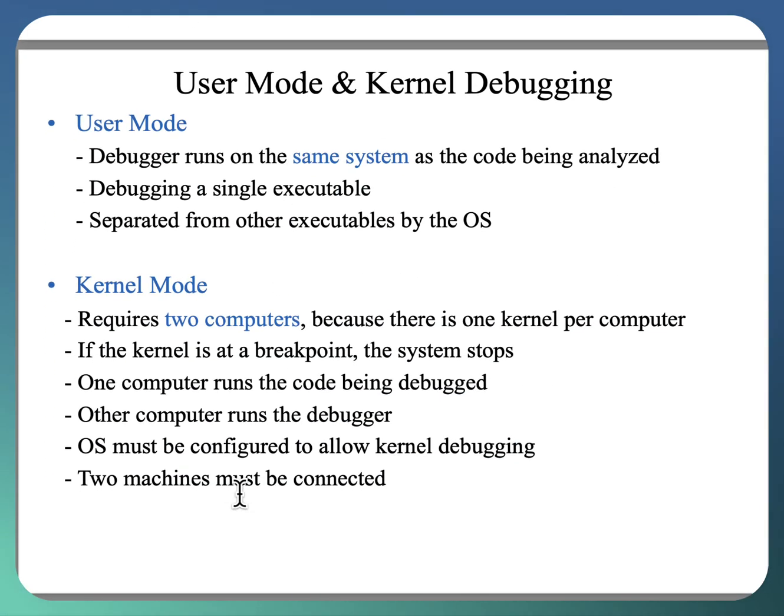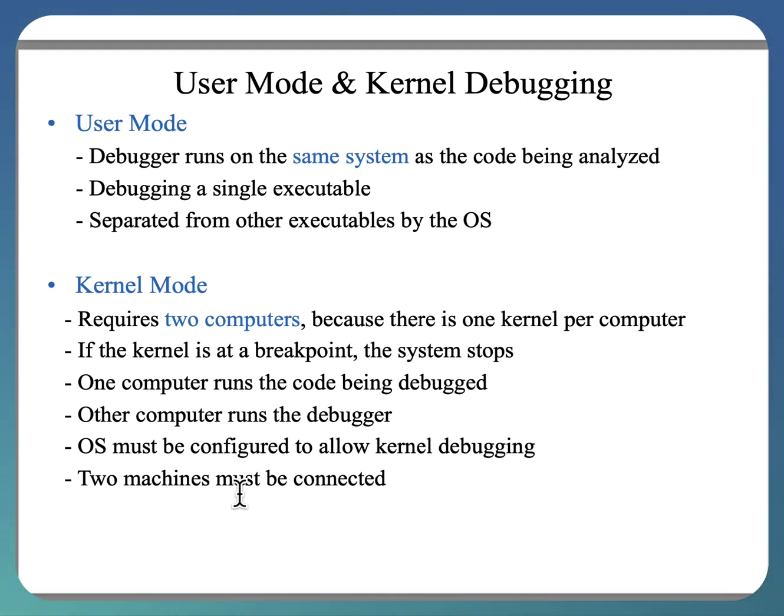Okay, now we have to understand the differences between debugging in user mode and debugging in kernel mode. User mode is when the debugger is running on the same system as the code being analyzed.